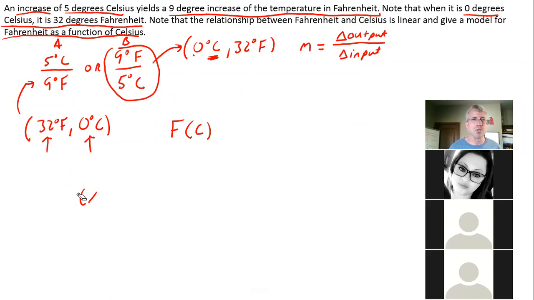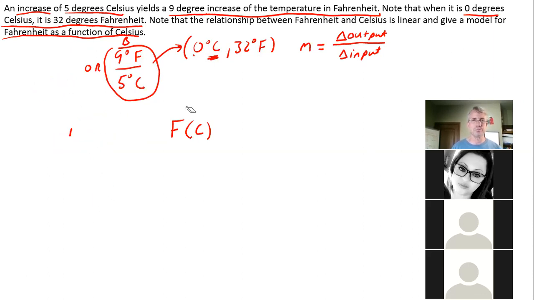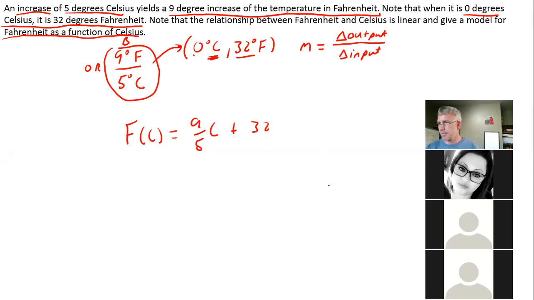So by being asked to do Fahrenheit as a function of Celsius, you're being asked to make Celsius the input. And if you're being asked to make Celsius the input, that means you're being asked to make Fahrenheit the output. It means you need this ratio right here, this rate here. This one you don't need. And then my model is Fahrenheit as a function of Celsius equals slope times input plus b, and b is 32 degrees. And there's my model.